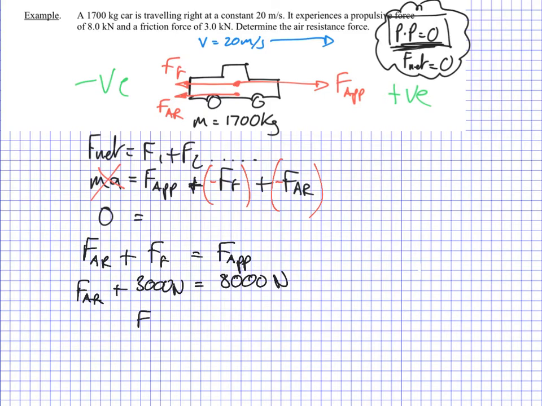So a little bit of arithmetic here. The force of air resistance is going to be 8,000 newtons minus 3,000 newtons. So that's 5,000 newtons. Now I just have to say which way it's going. Well, it's going to the negative side, and I'm going to say that's the left of the page. Okay, so the force of air resistance is 5,000 newtons to the left of the page.